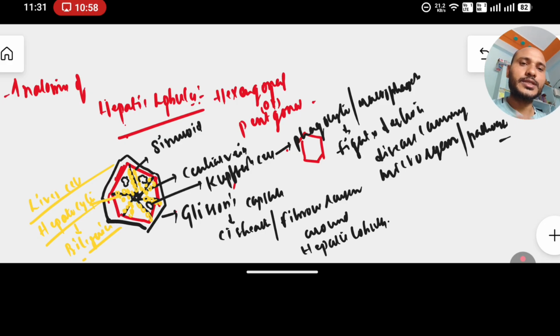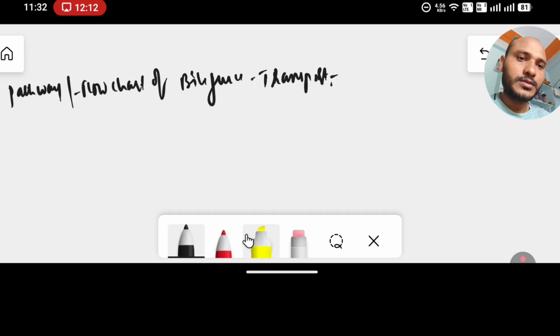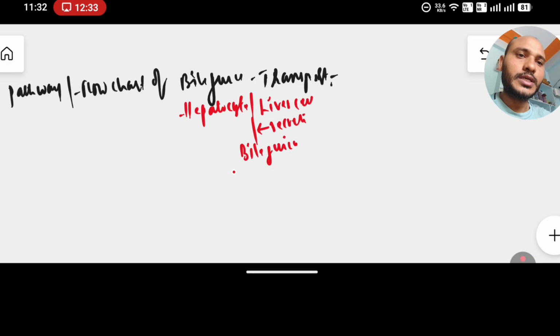Now, the pathway of bile juice transport. Hepatocyte, or liver cells, secrete bile juice.